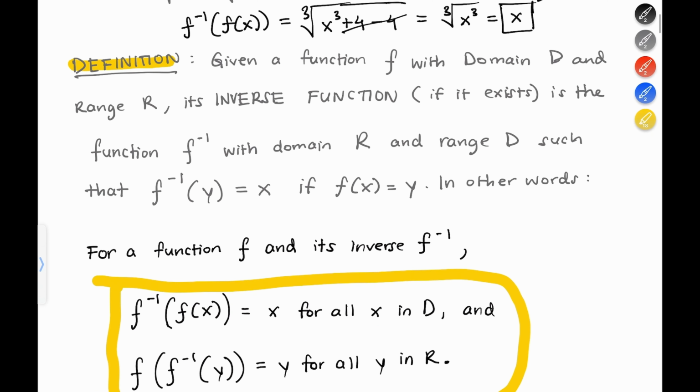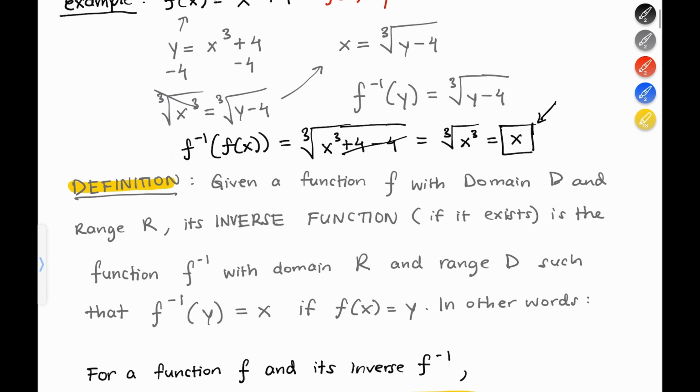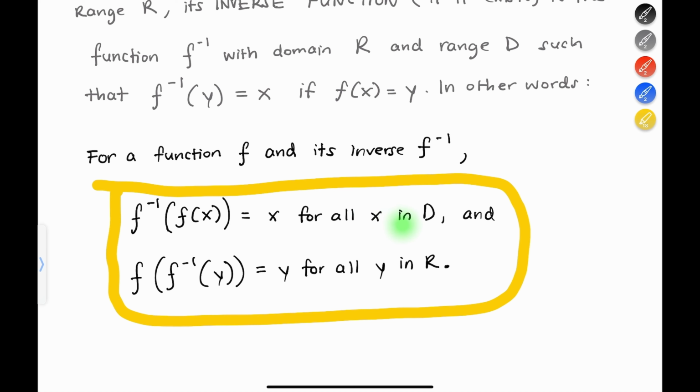In other words, for a function f and its inverse, f inverse of f of x is equal to x, like I showed you over here, for all x in D, and f of the inverse of y is equal to y for all y in R.